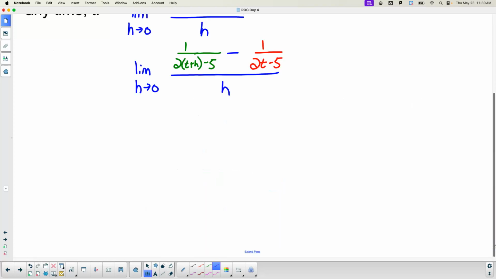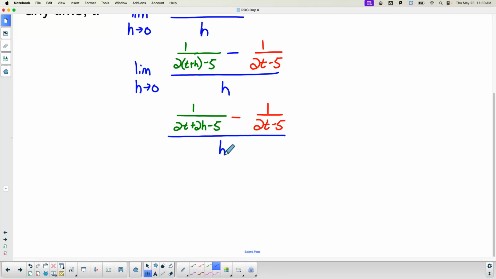Alright, so this is 1 over 2t plus 2h minus 5, minus 1 over 2t minus 5, all over h.